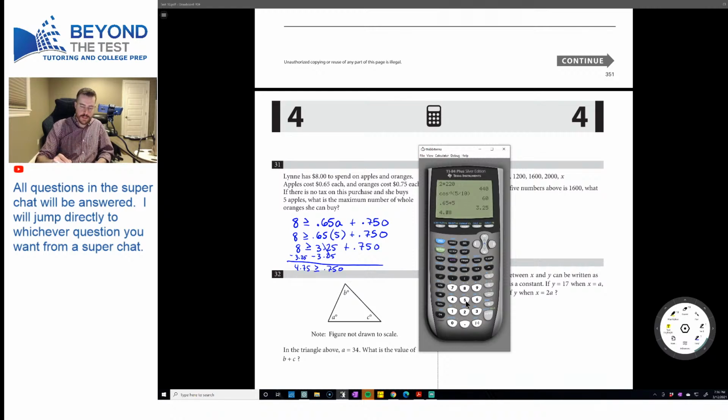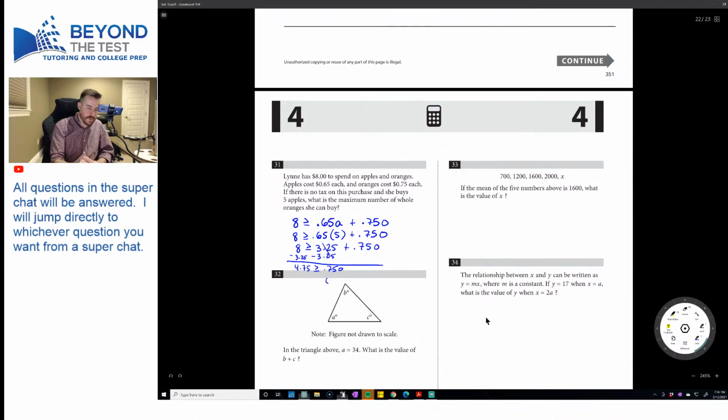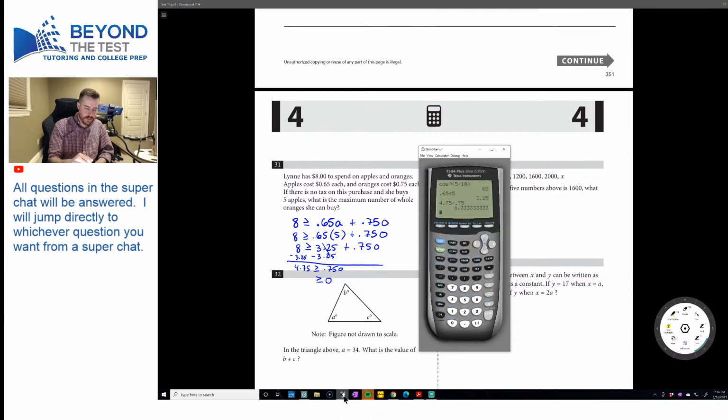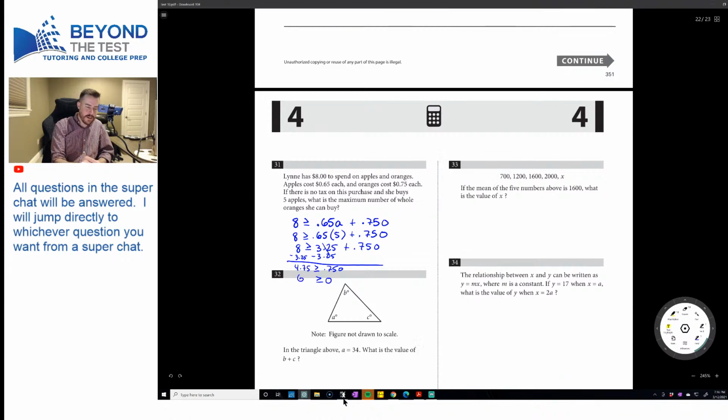So we get 4.75 divided by 0.75, and we get that O would be less than or equal to 6.3 repeating here. So our answer for this problem, the most oranges that we're going to be able to buy, would simply be 6. Okay, so O would equal 6 here.